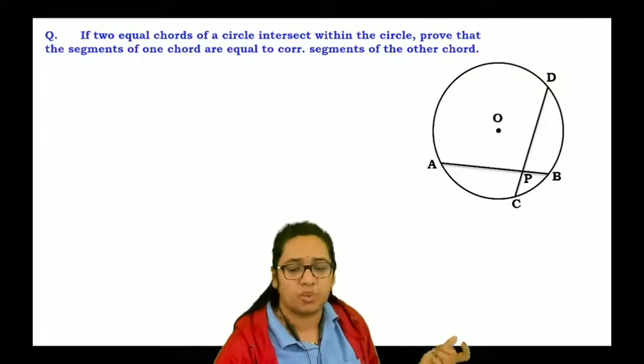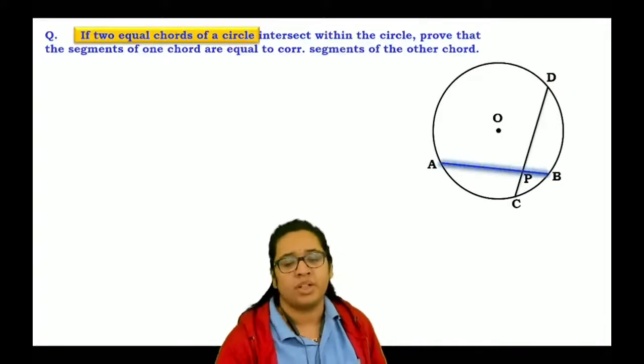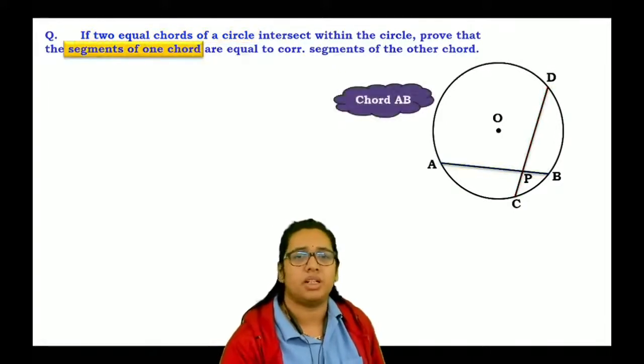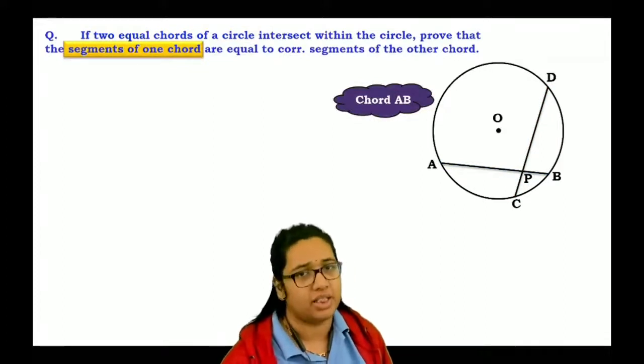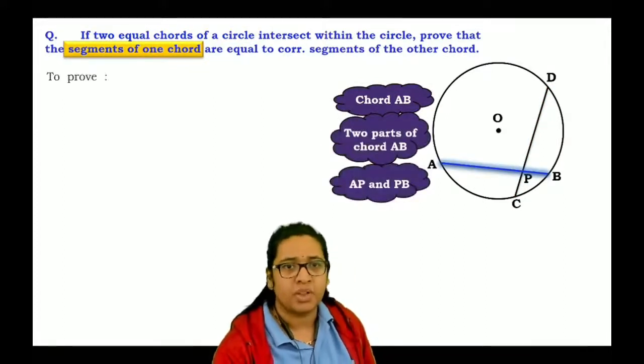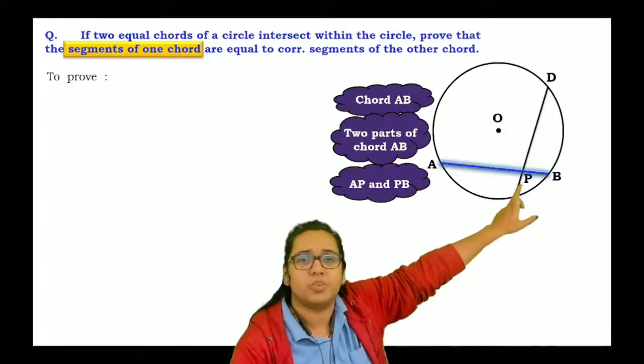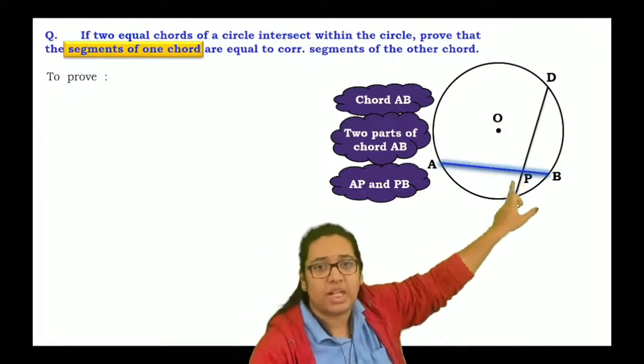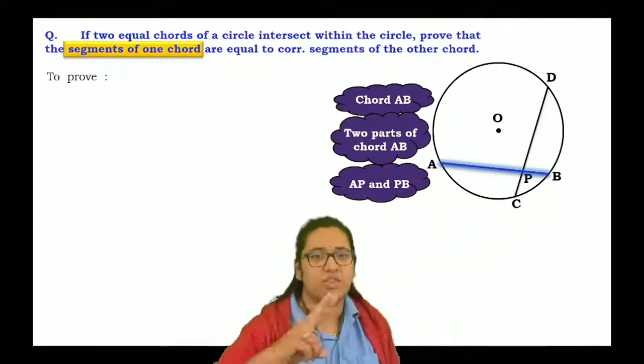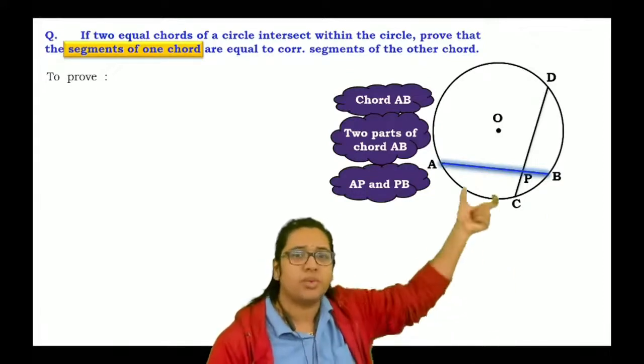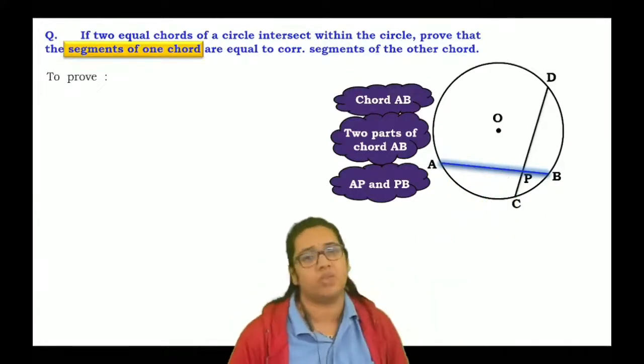So you have to prove the correspondence, okay? See, here AB intersects CD at the point P. Because of this point P, the chord AB is divided into two parts. The first one will be AP, the second one will be PB.